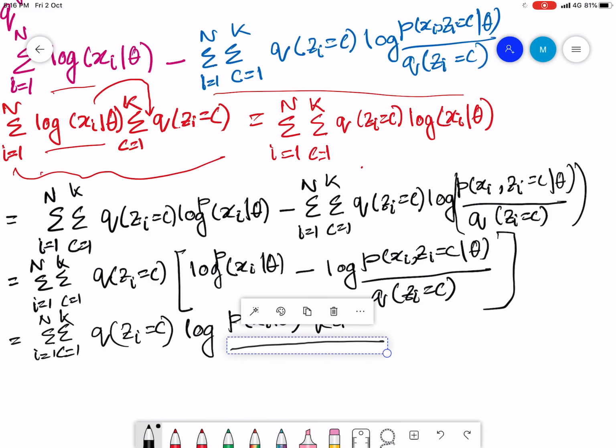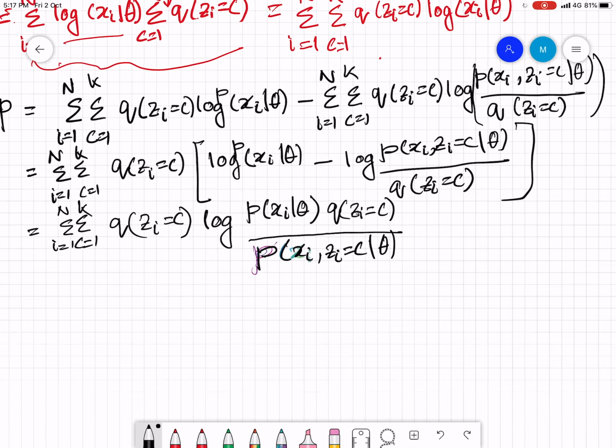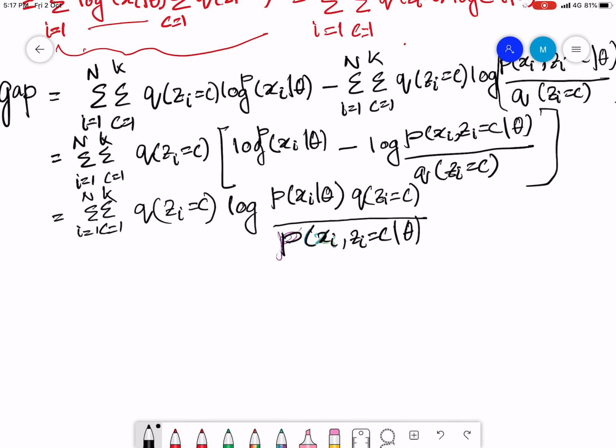Log of a minus log b is log of a by b. This entire thing.